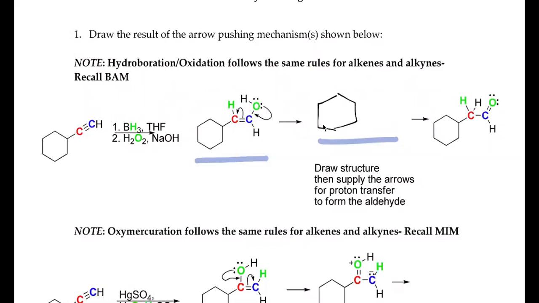And what's the name of that structure, the second structure? It's called an enol, right?